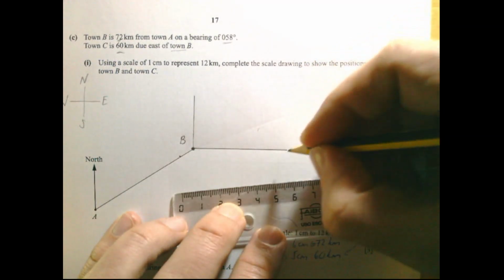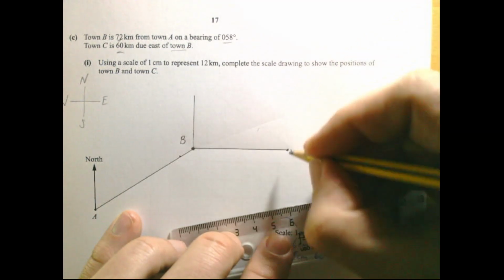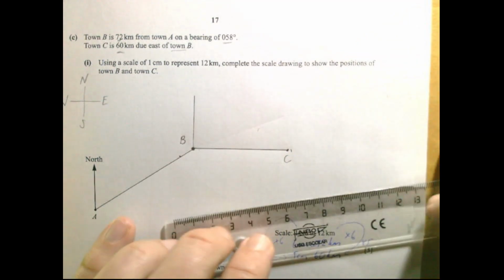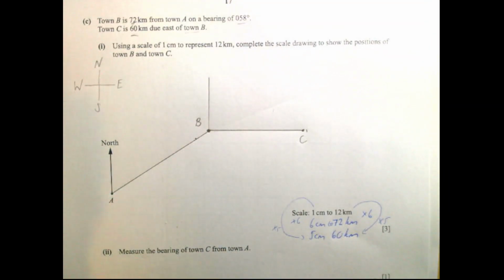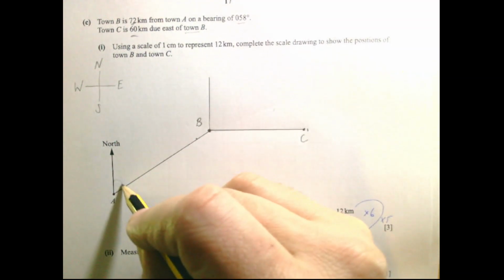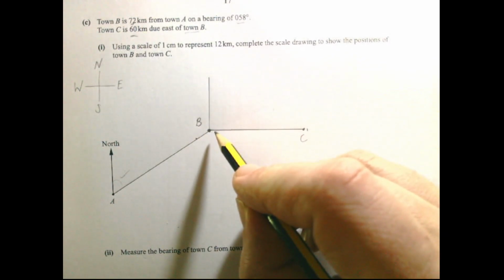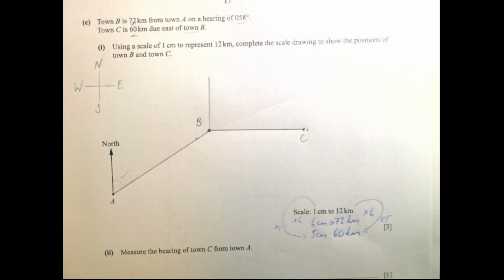There we go. Okay. And that would be town C. And now we've done it. Okay, so when they mark this, they will check if the angle is correct and if the length of the line is correct. Okay, there, due east and the length of the line.